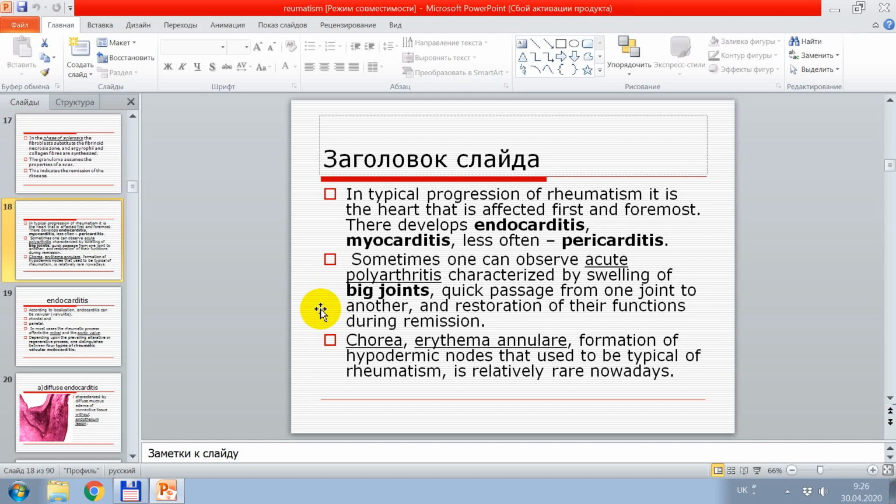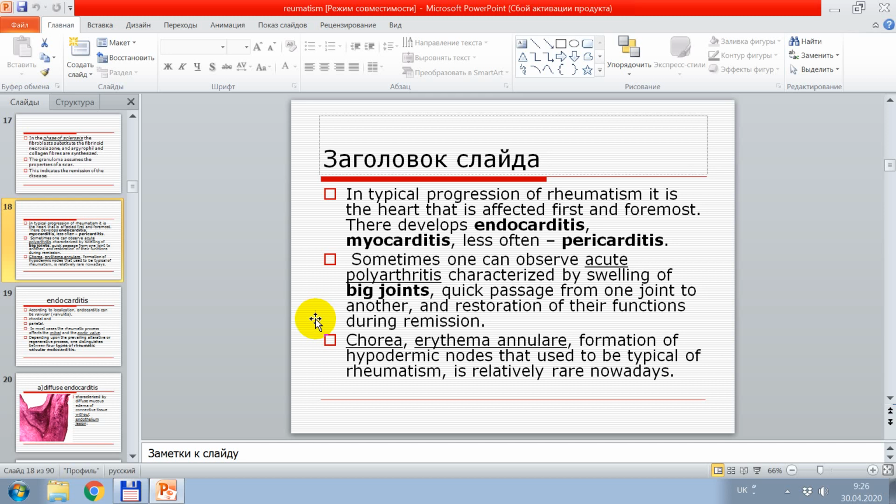In typical progression of rheumatism, it is the heart that is affected first and foremost. There develops endocarditis, myocarditis, less often pericarditis. Sometimes one can observe acute polyarthritis characterized by swelling of big joints, quick migration from one joint to another, and restoration of the function during remission.